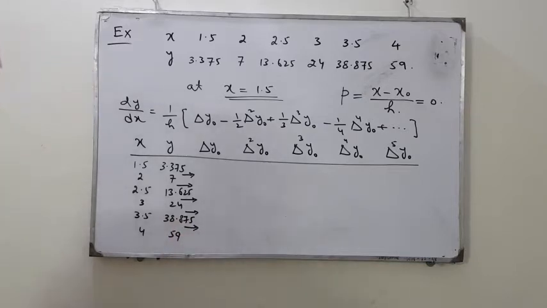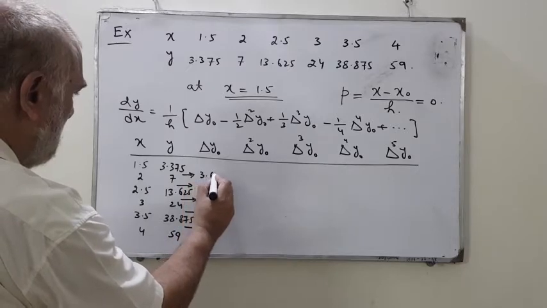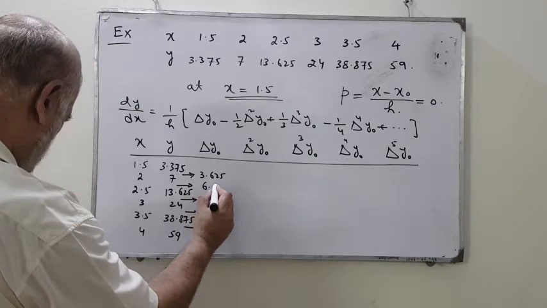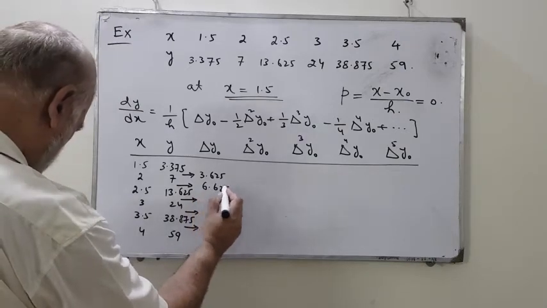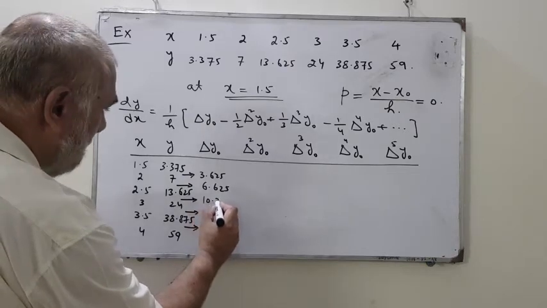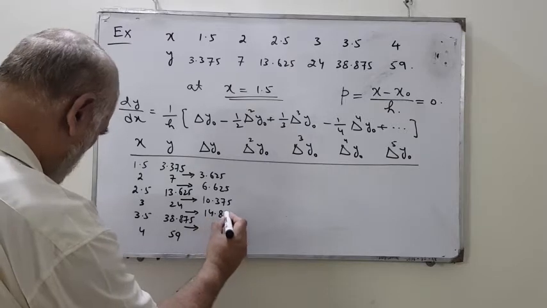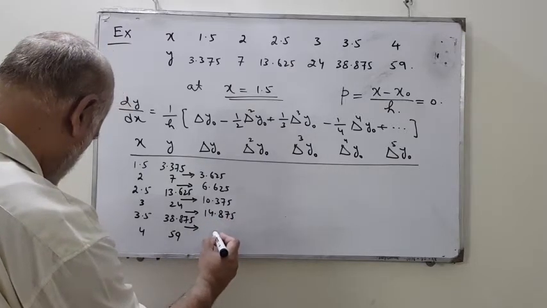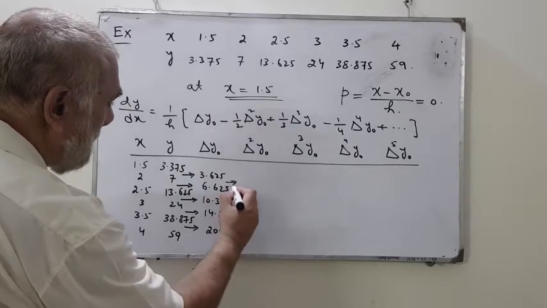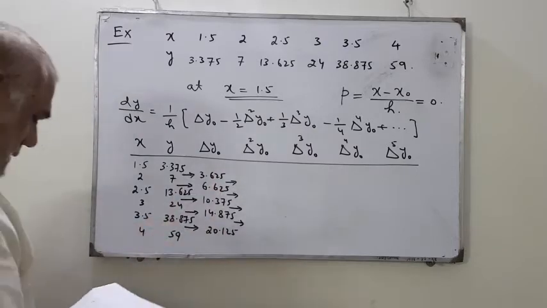On taking the differences, the result takes the form 3.625, 6.625, 10.375, 14.875 and 20.125. The second order difference can be obtained by taking the difference of two consecutive terms.